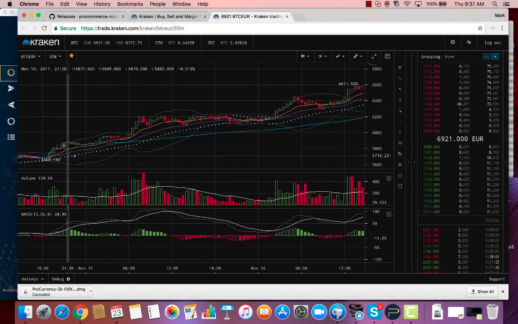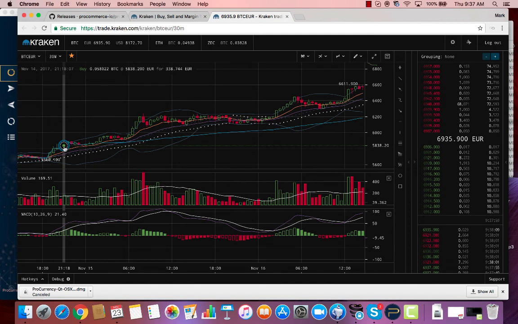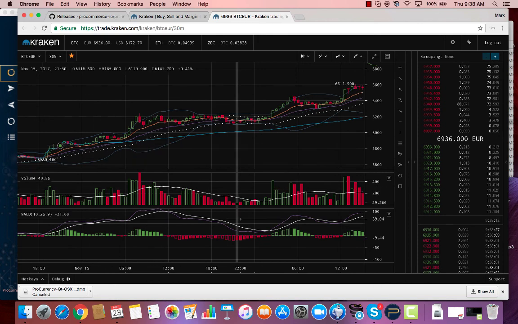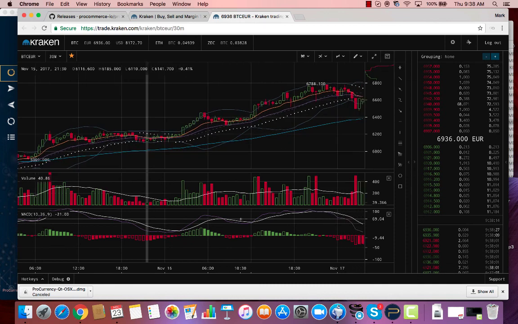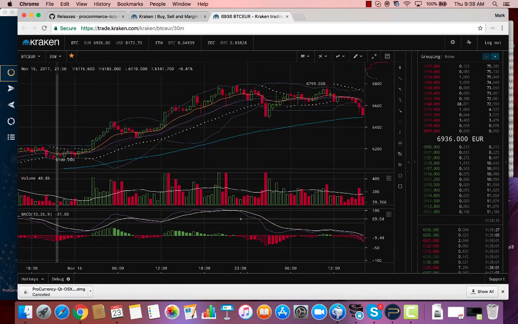Here we have a green dot, and this indicates a buy, a position that was a buy for the Bitcoin using euro. So here we bought at 58.40. Let's just follow that through to when we finally sold it.